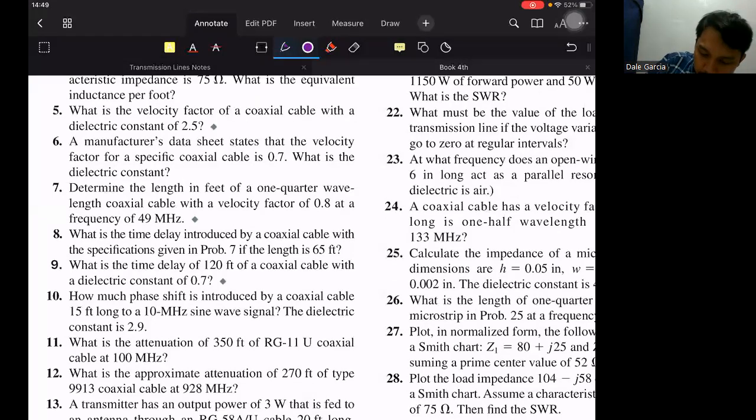Velocity factor is equal to 1 over the square root of the dielectric constant. Medyo trivial naman. 0.63.